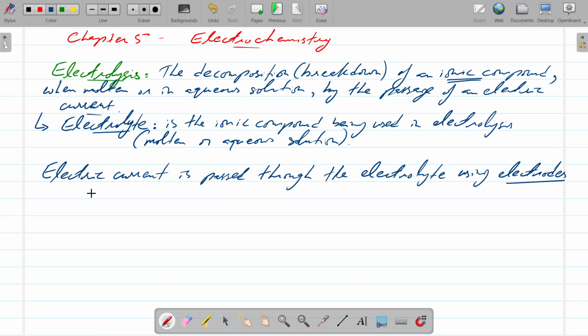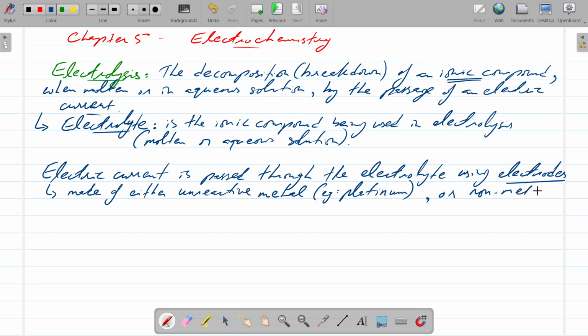Right, so the electrodes are either made of an unreactive metal such as platinum, or made of a non-metal, to be specific, carbon, and to be more specific, graphite.